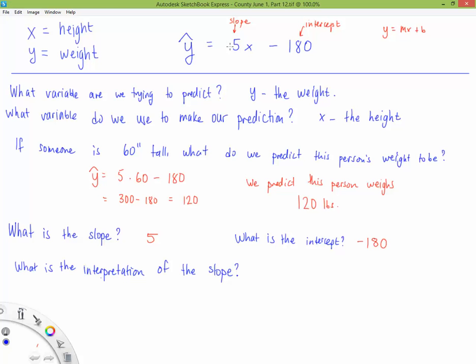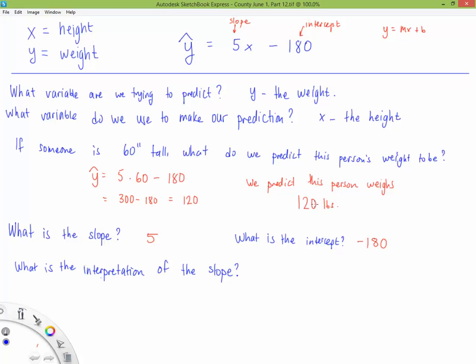If we find another person who is 1 inch taller, our prediction for their weight is going to be 5 pounds more.